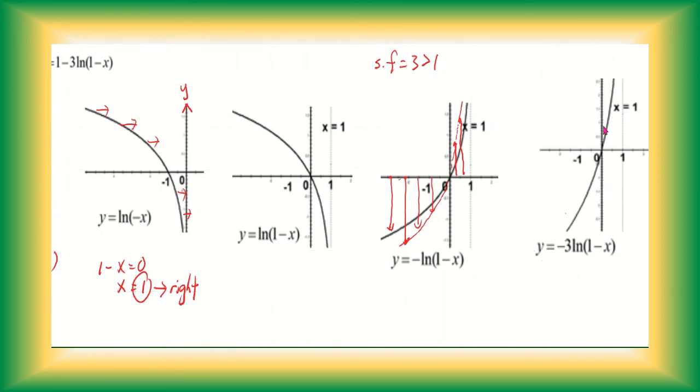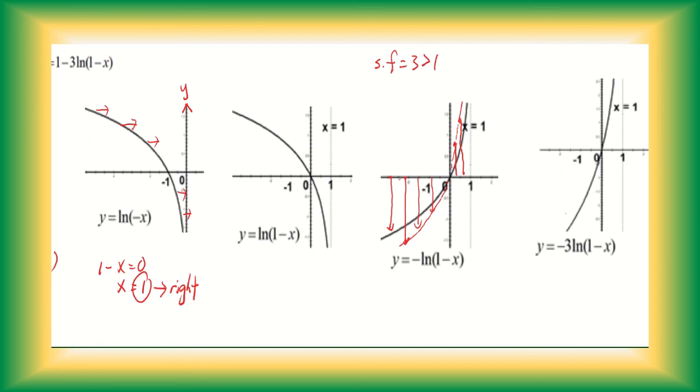The curve will be nearer to the y-axis and far away from the x-axis. The enlargement doesn't affect the vertical asymptote because the center is at the x-axis.